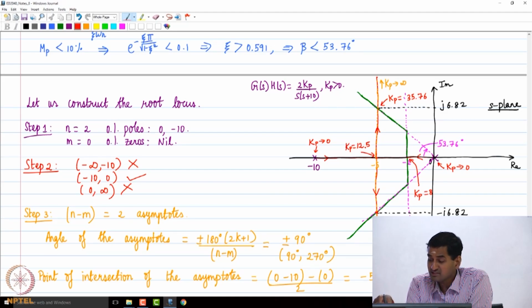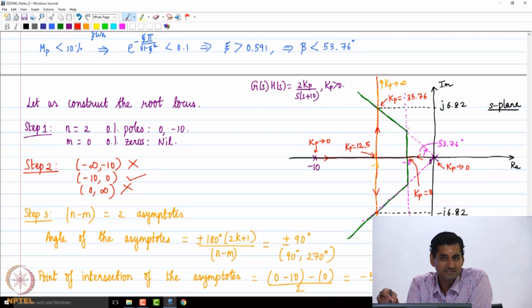I can also choose Kp between 8 and 12.5. That will also satisfy the performance specification, but the system will be overdamped. If you have an overdamped system, where is the maximum peak overshoot? Maximum peak overshoot anyway is not there, and yet I can satisfy the condition on settling time.